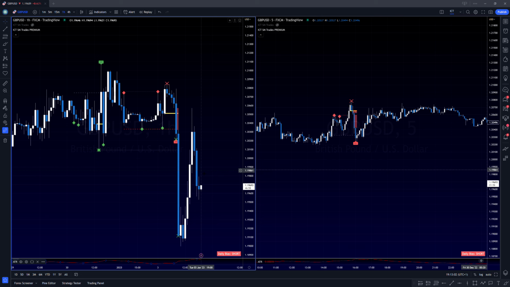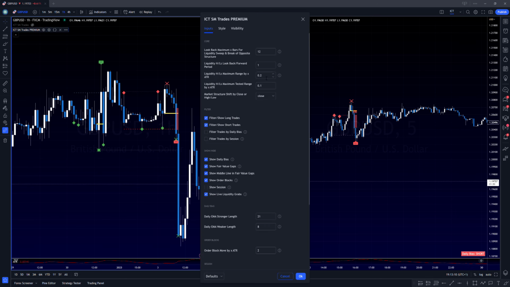So it represents the average move, or average candle, I would say. So it is used here, and this represents how wide the range of liquidity should be.